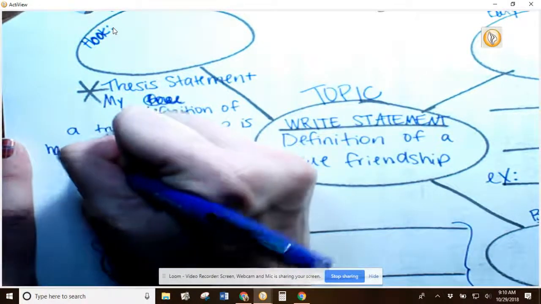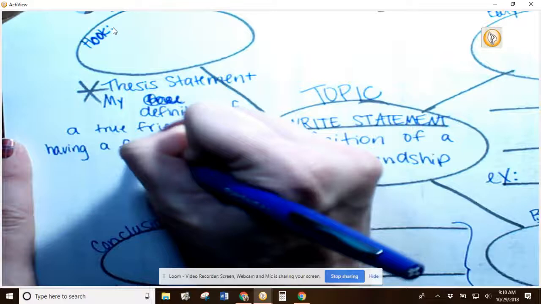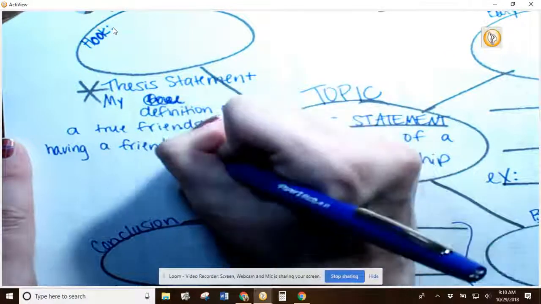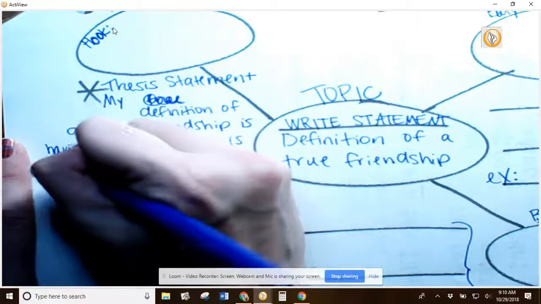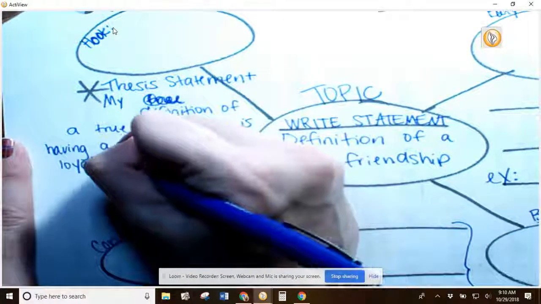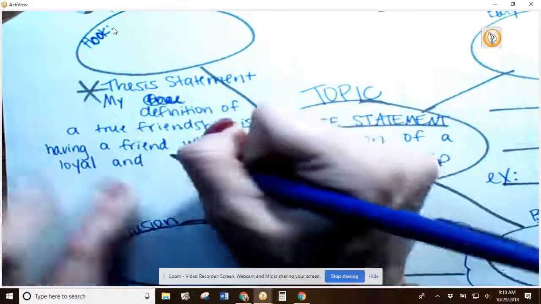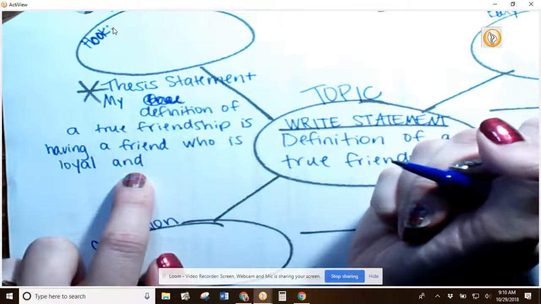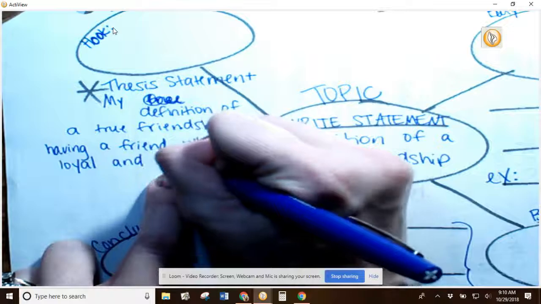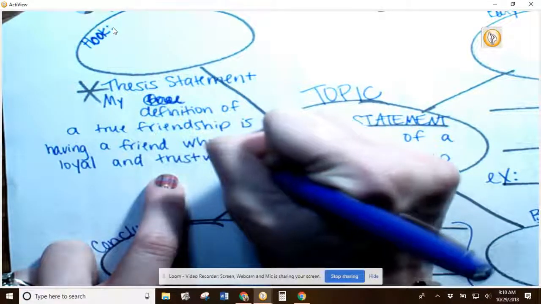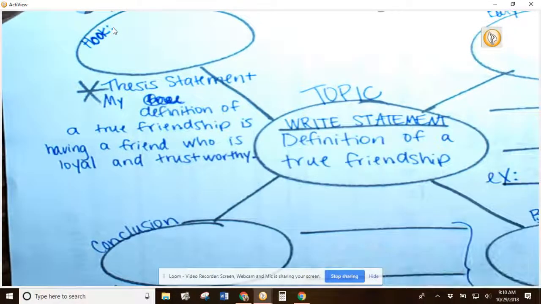My definition of a true friendship is having a friend, you can say a friend or friends, who is loyal and, okay, we can't say who is loyal and trust. What can we say? Who is loyal and trustworthy. Okay, we could word this differently.